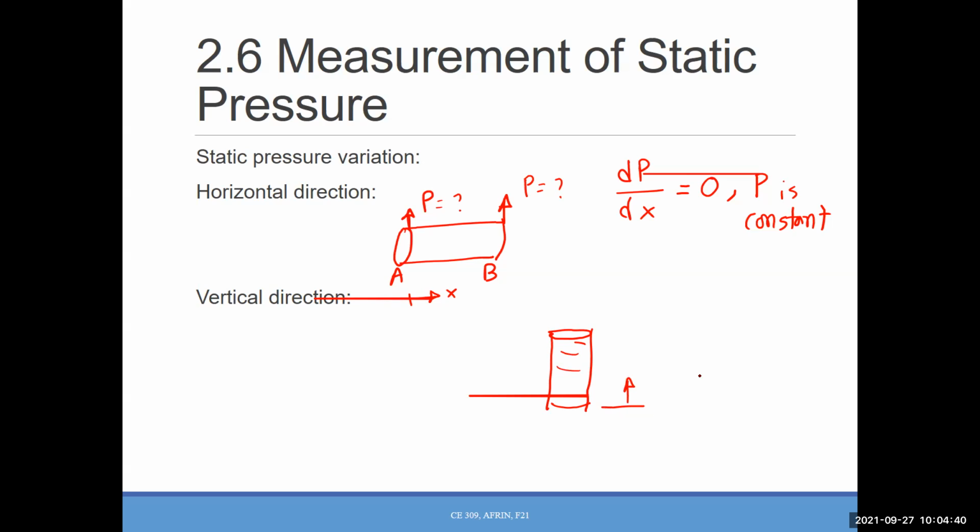If we start from the bottom, the relation was dP over dZ equals negative gamma. That means in the vertical direction there is a pressure variation, and that simply depends on what material we are dealing with and what the height of that column is, right?